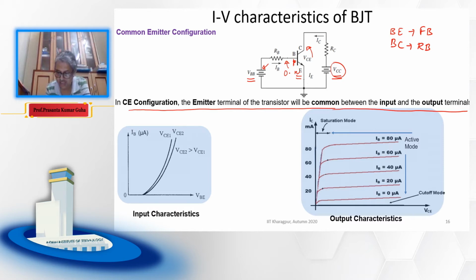What about the base collector junction? How are we going to ensure it is reverse biased? We can ensure that if the voltage here, let me clean this.